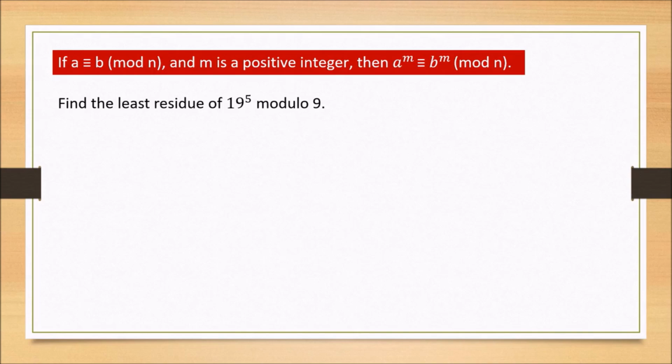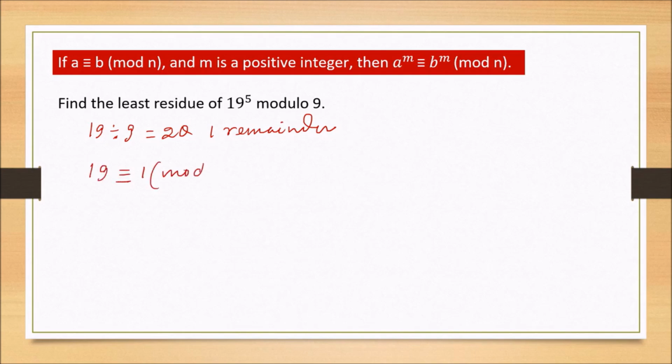So 19 when divided by 9, we get 2 as quotient and 1 as remainder. So 19 is congruent to 1 modulo 9. So 19 raised to the power 5 will be congruent to 1 raised to the power 5 modulo 9.